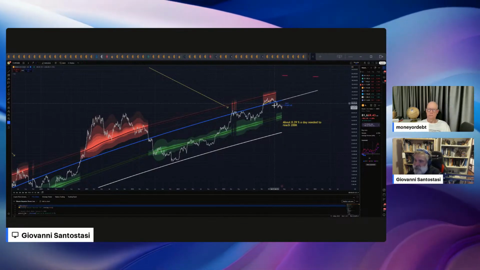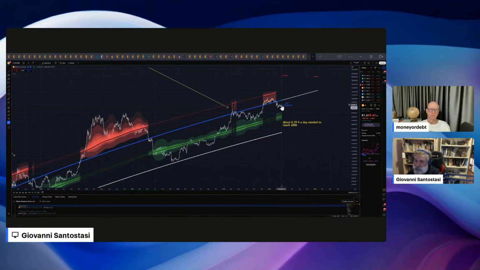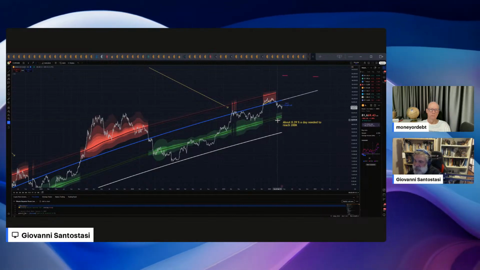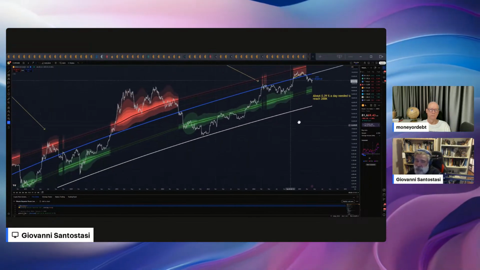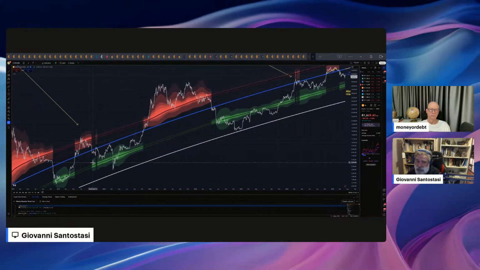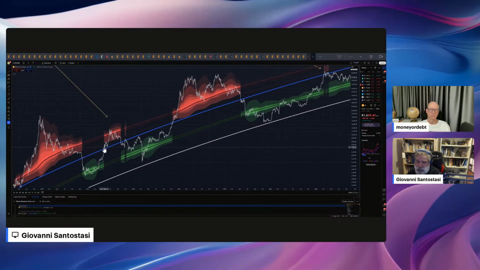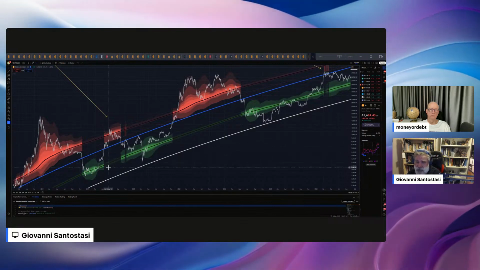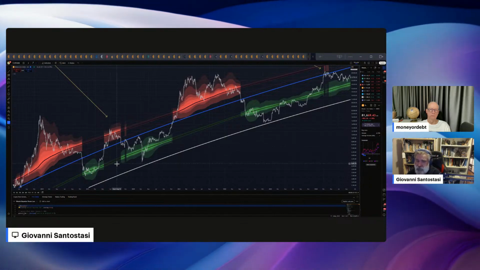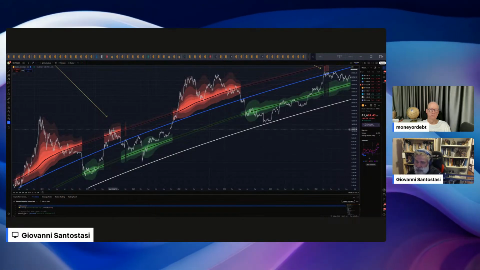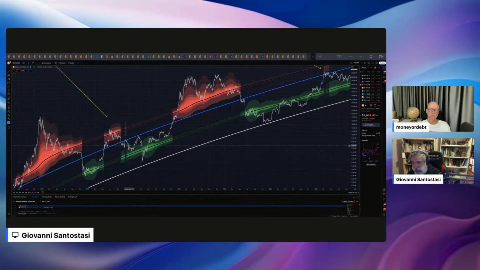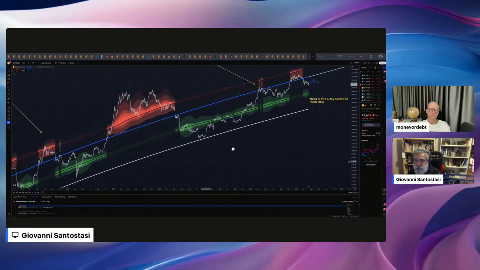It's just that what is really different from all the other cycles is this extended period of time, this fake out, right? We did have long fake outs in the other direction, like this one. This one lasted a lot of time, but it was the other way around, where we were supposed to be in this green area and it went into the red area and stayed there, but then corrected.